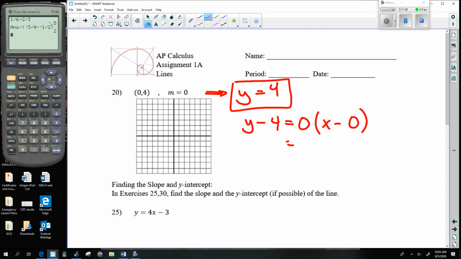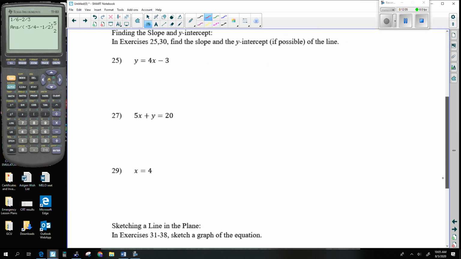So 0 multiplied in is 0, add 4. There you go. So you get the same thing. So anyways, y is equal to 4. 1, 2, 3, 4. And then x is equal to 4. Boom. All right. Excitement. Nothing but excitement.